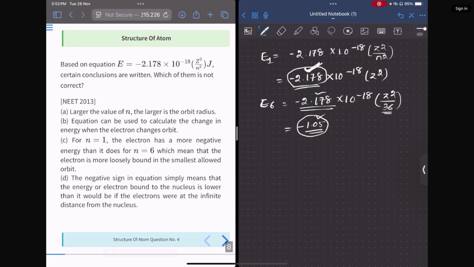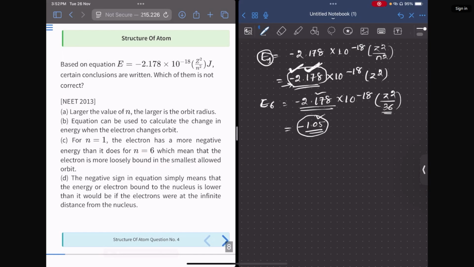Obviously, the smallest allowed orbit, E1, has a higher negative energy. That means it is bound closely to the nucleus, with more attractive force towards the nucleus.